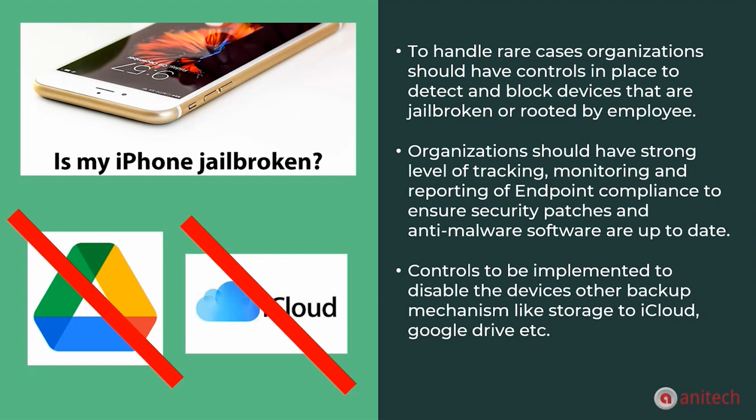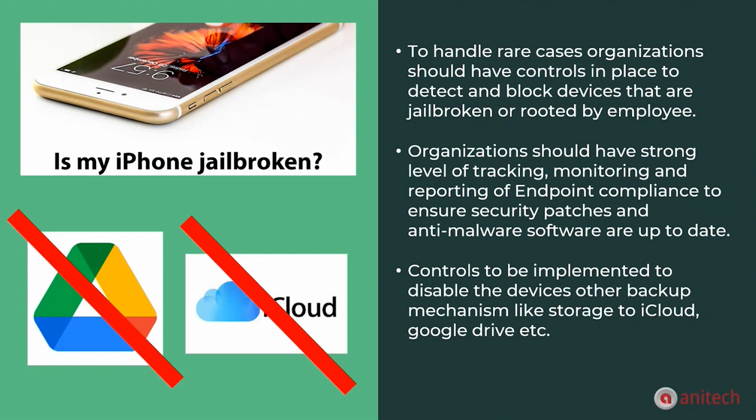Organizations should have a strong level of tracking and monitoring of the malware endpoint system, malware software, and the endpoint compliance software installed on mobile phones and laptops to check the compliance level of those devices. Controls should be implemented to disable backup mechanisms other than the office backup system. In all the devices we have seen Google Drive and iCloud, or maybe OneDrive or something like that, which can back up everything on your phone.